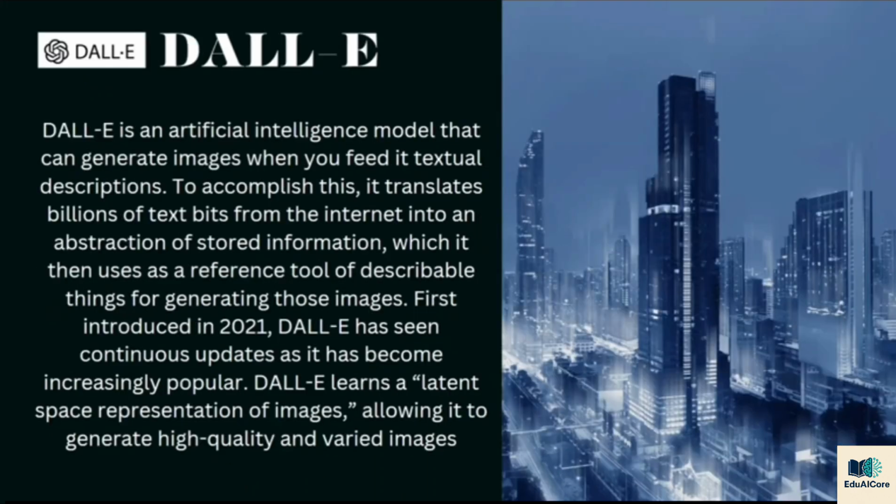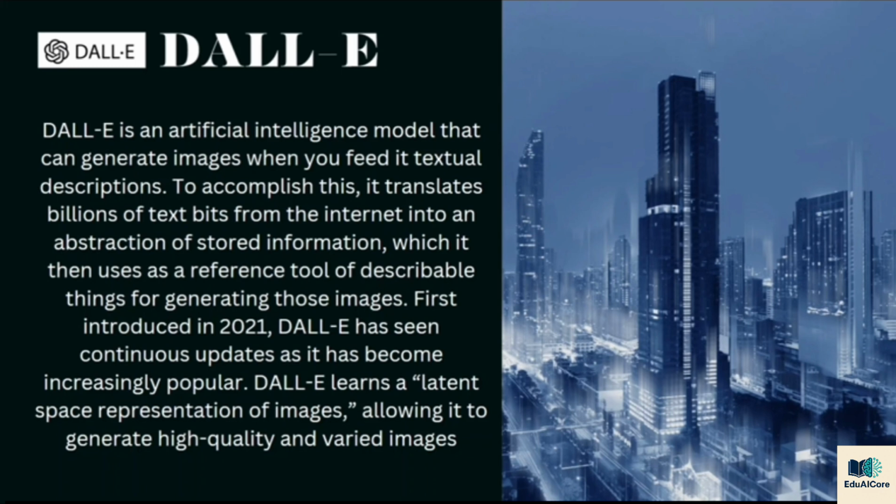And the next point right here is DALL-E. DALL-E is software by OpenAI, an artificial intelligence model that can generate images. It helps you generate images when you feed it textual descriptions. Let me give you an example.